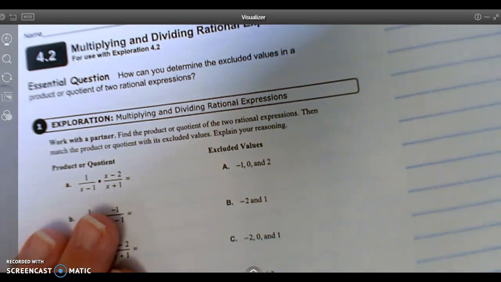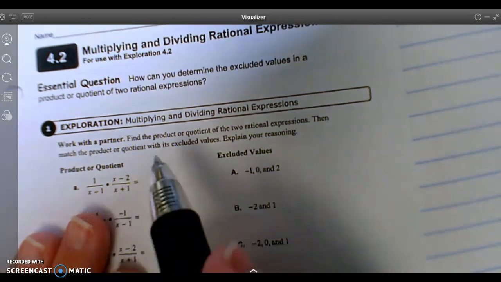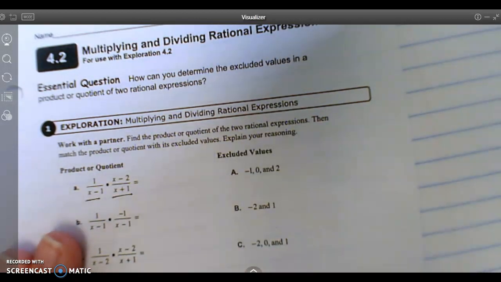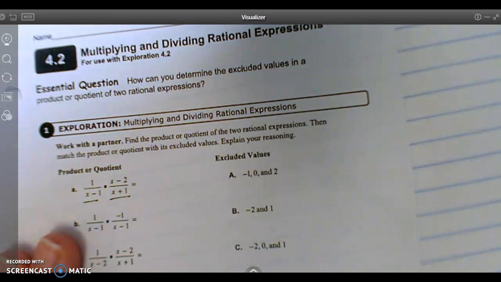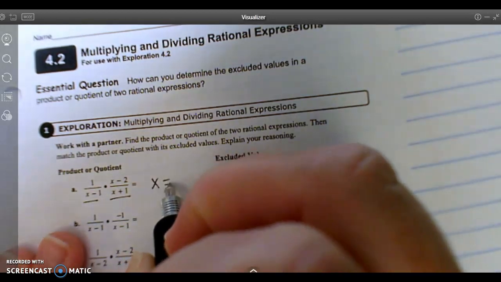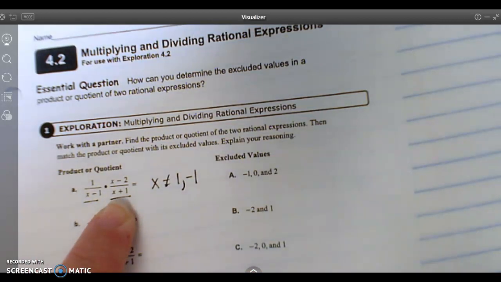For example, on this first question here, if I'm trying to figure out what the restrictions are, I'm looking at the bottom of both of them, because you can't ever divide by 0. So where would the bottom be 0? It would be 0 at 1 and also negative 1.